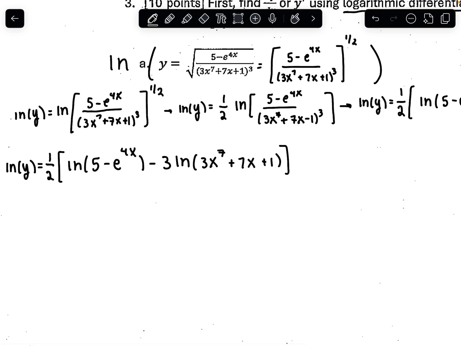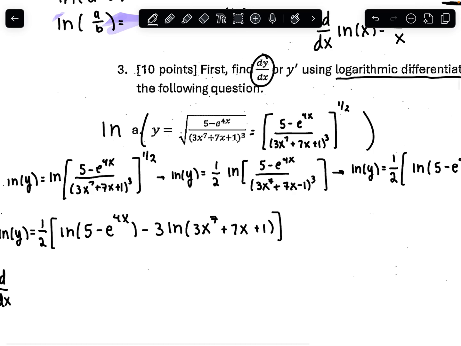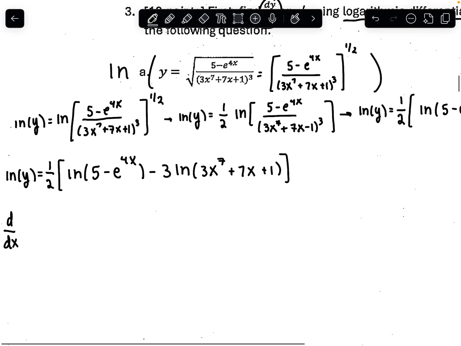So let's do d/dx of every term because we're asked to find dy/dx. So we'll have d/dx of ln of y equal to, again, we can bring this 1/2 out in front because it does not depend on x, and it was factored out of everything already, so we're not committing algebra fraud.